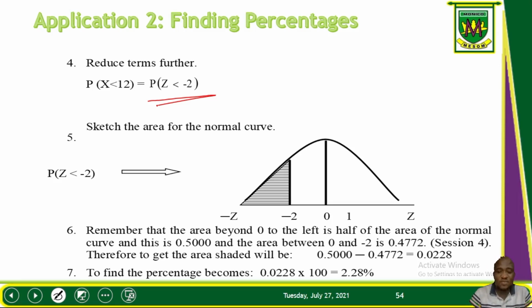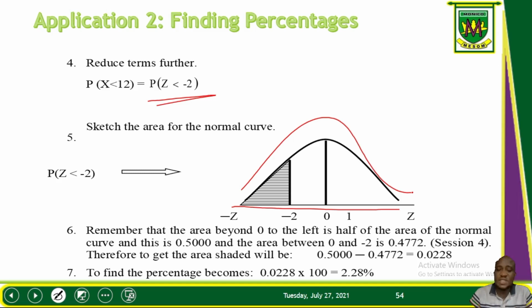Then after, you have to draw the curve. If you fail to draw the curve, you lose some marks. So you draw the curve. And this time around, since we are dealing with a score less than, we think of moving towards the left direction. Remember, the values under the curve decrease moving towards the left direction, and they increase moving towards the mean, which is 0 for the standardized normal curve.